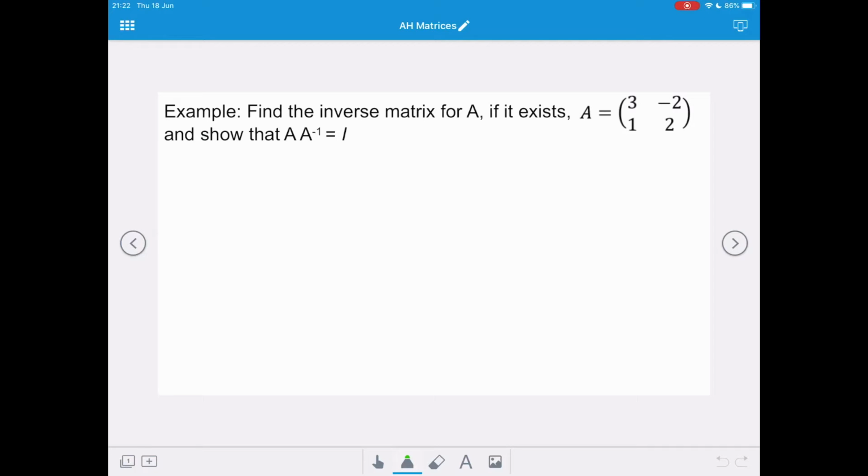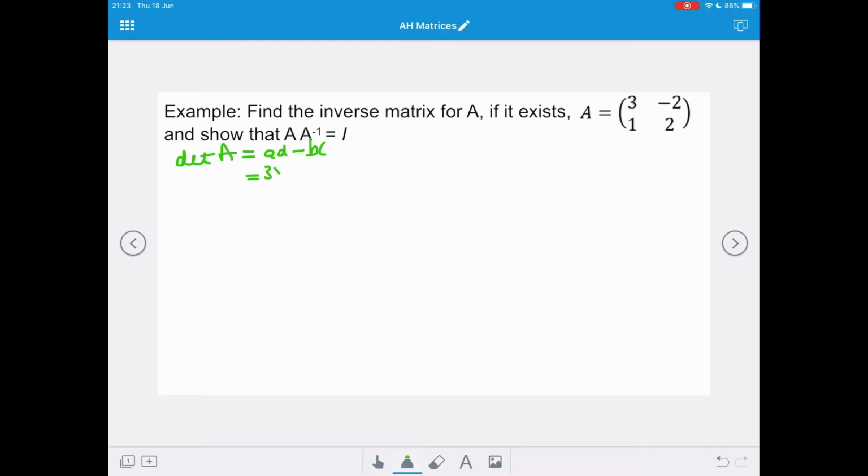So the example: find the inverse matrix for A if it exists, where matrix A equals 3, -2, 1, 2. And we then want to show that the pre-multiplication of our inverse is going to give us the identity matrix. So the determinant of A can't be equal to 0 if we're going to have an inverse.